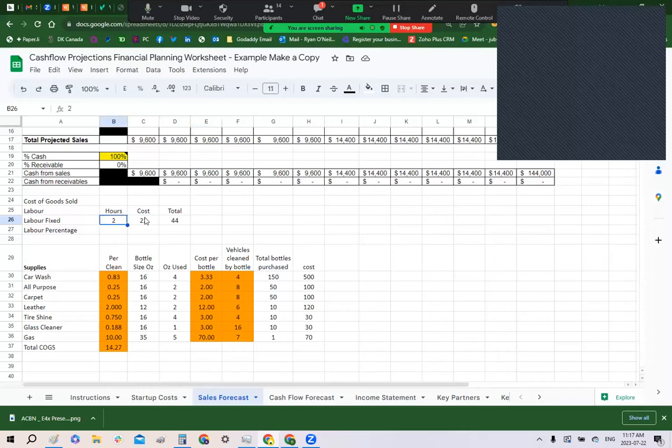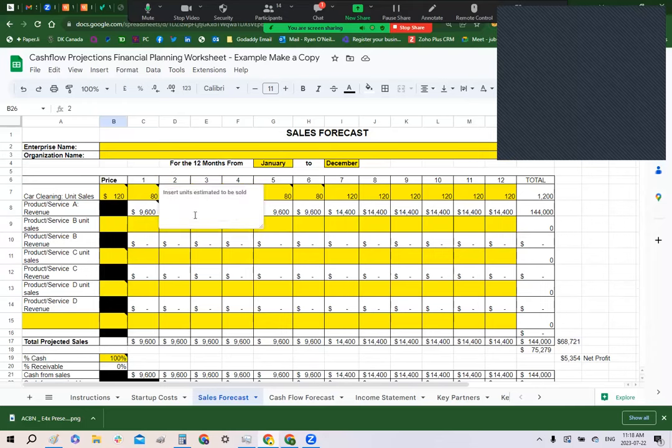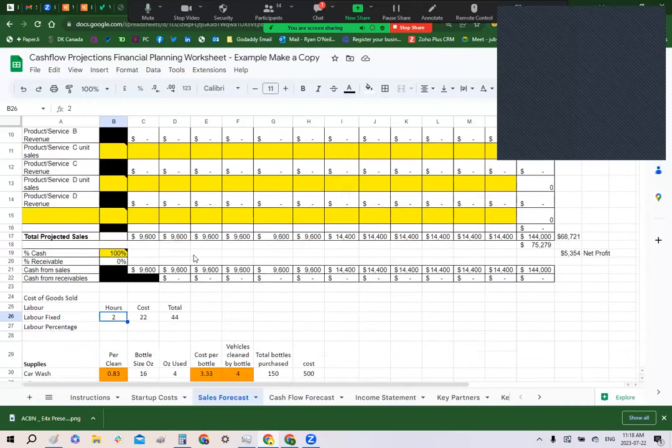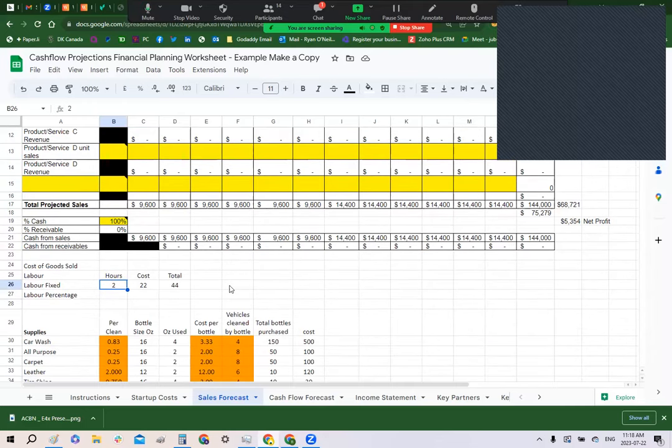So to make 1 unit, to clean 1 car, we're cleaning 80 cars in the month, so we have to break it down to what does it take to do 1 car? If we send a detailer, it takes them 2 hours to clean the car. We charge $22 per hour for that detailer. That gives us a total of $44 per car that we clean is what it costs in our labor.